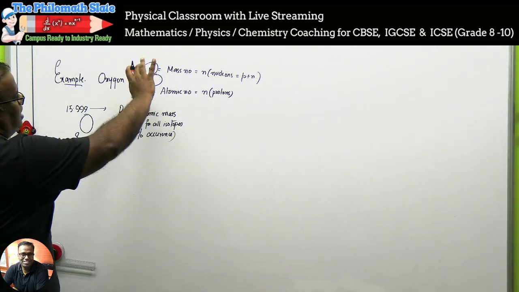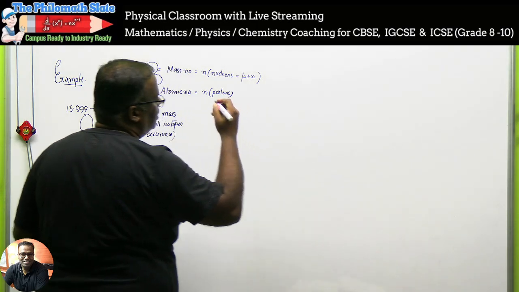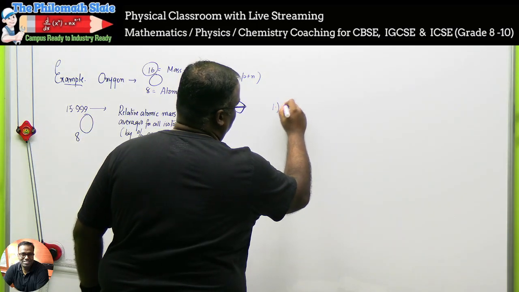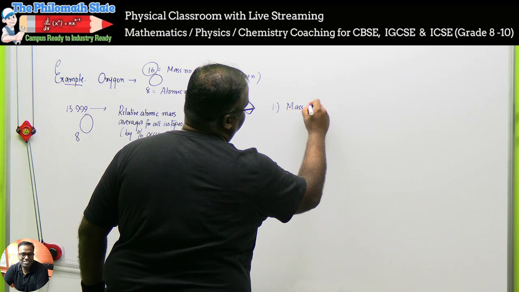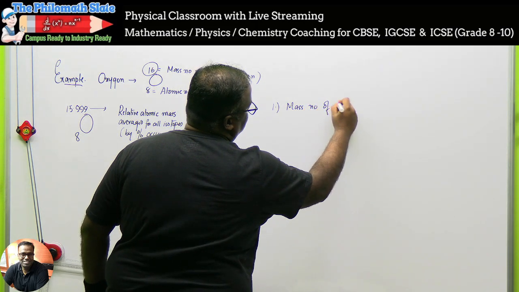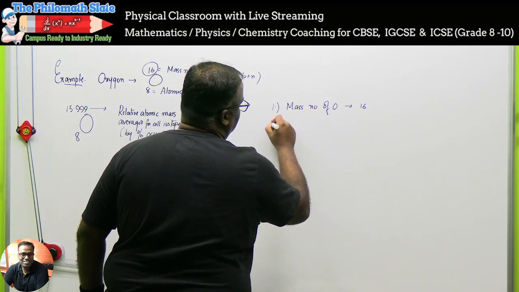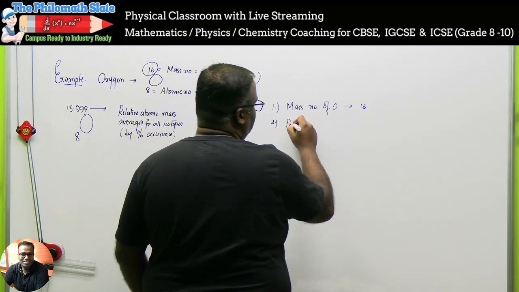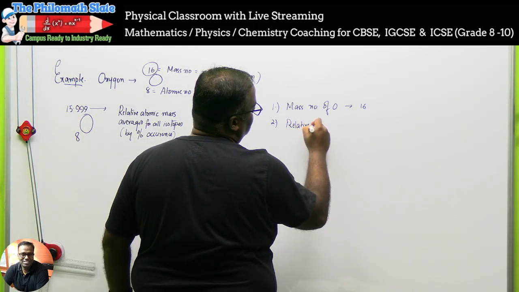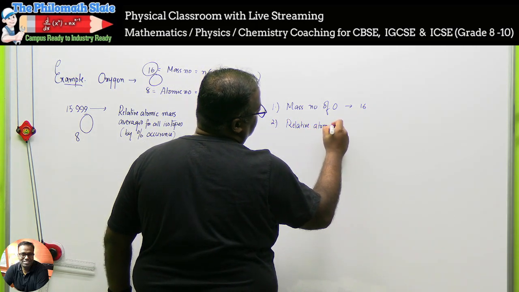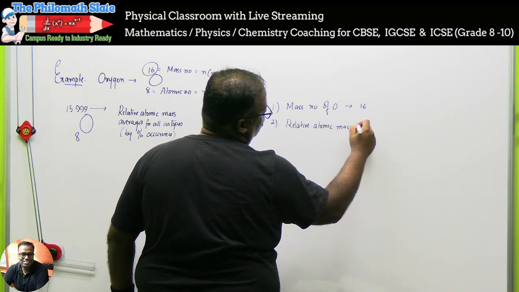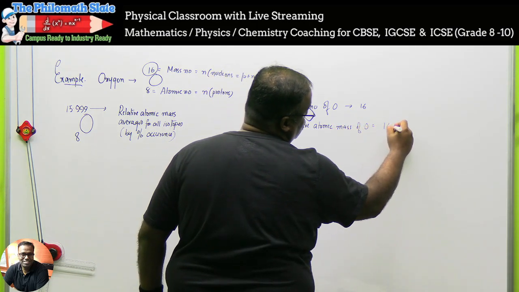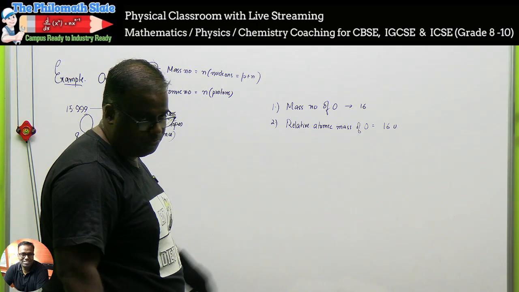Now what does this represent? When we see this as 16, this represents, as I wrote once before, number one, the mass number of oxygen is 16. Number two, the relative atomic mass of oxygen is 16 u.